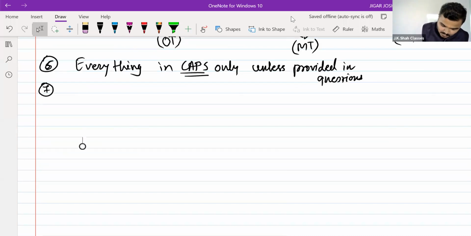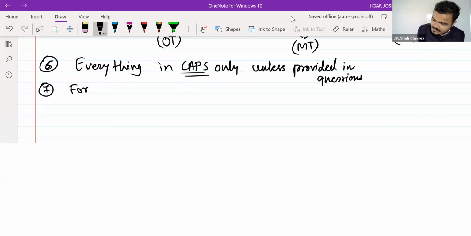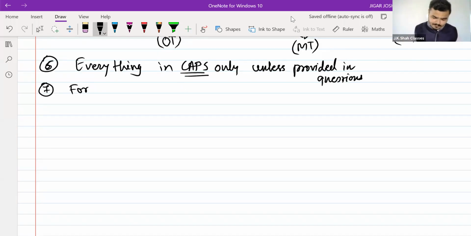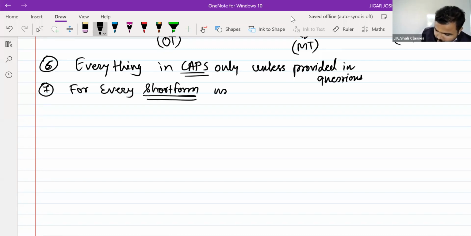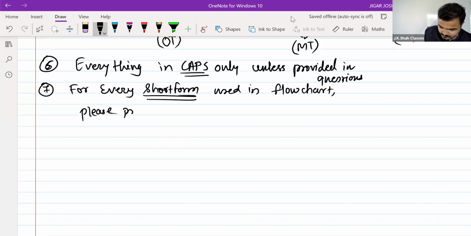Next one, people. This is a very important one. For every short form used in a flowchart, please provide an index of the full form.